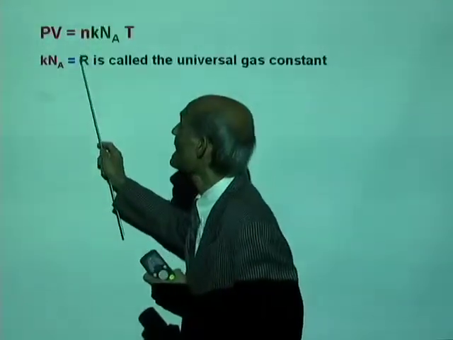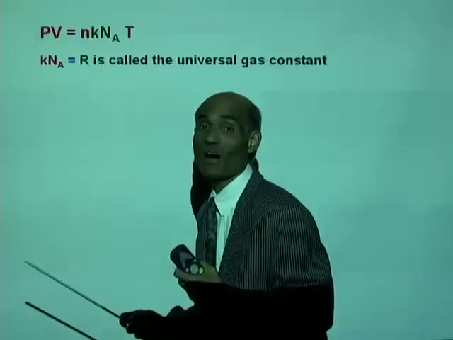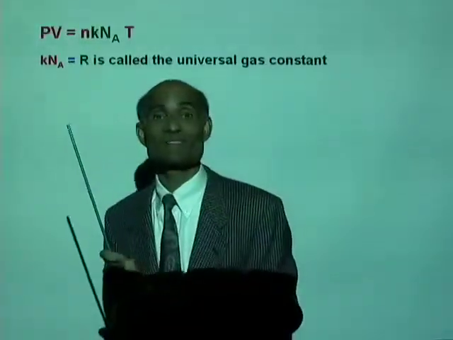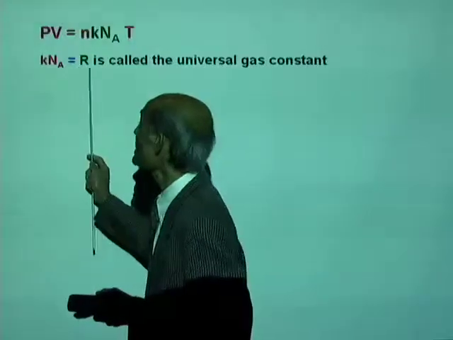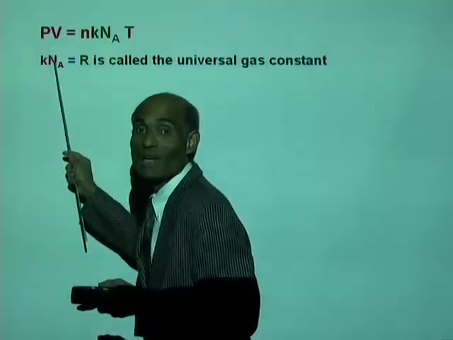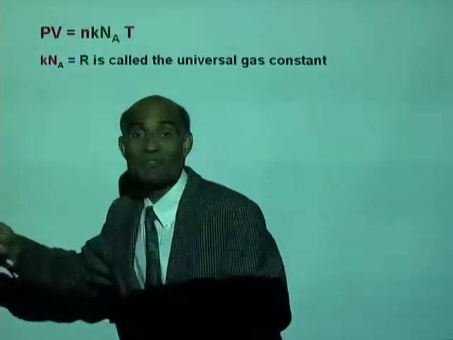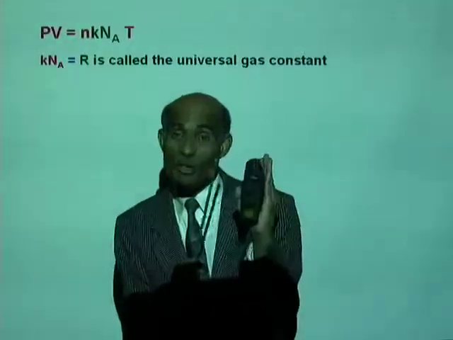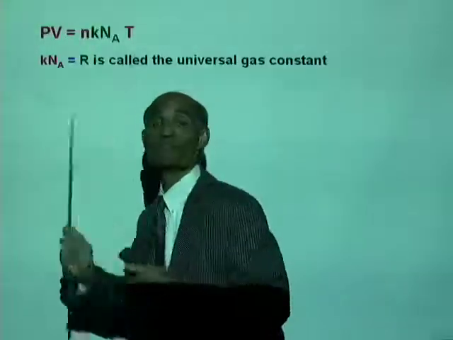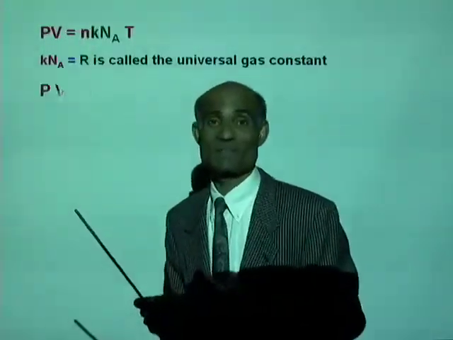We normally write it as uppercase R, and it is called the universal gas constant. The universal gas constant R is the Boltzmann constant k multiplied by Avogadro's number Na. The product of those two famous constants is called the universal gas constant.